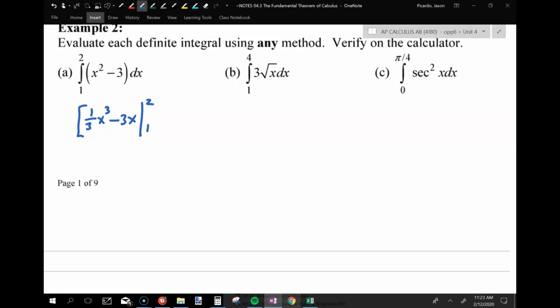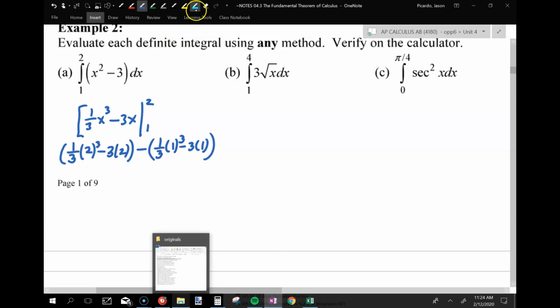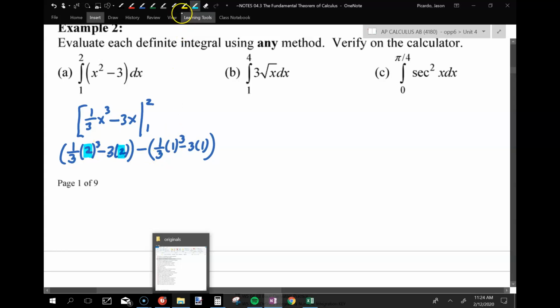Right? Now again, they're going to expect that you can do this problem without a calculator. All right, so I got to start plugging some stuff in. So it's going to be a third. All right, so I get all that. Plugged in our 2, plugged in our 1.